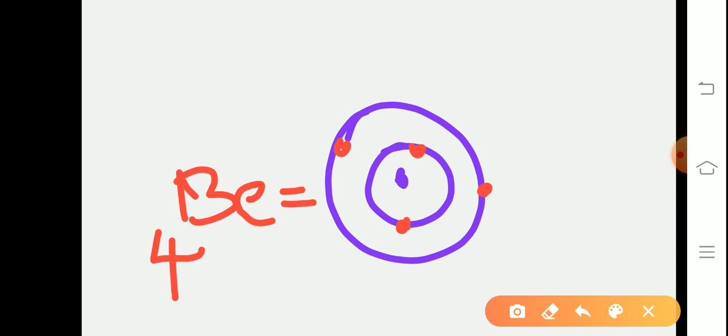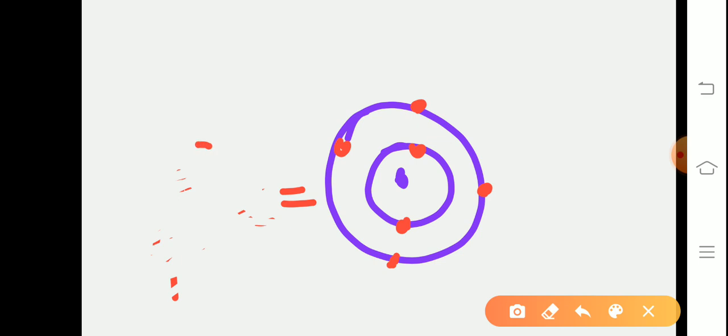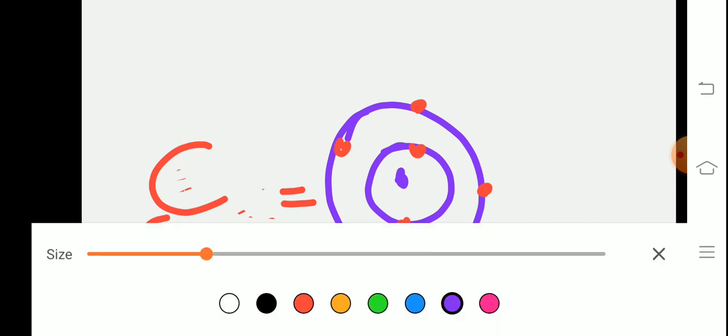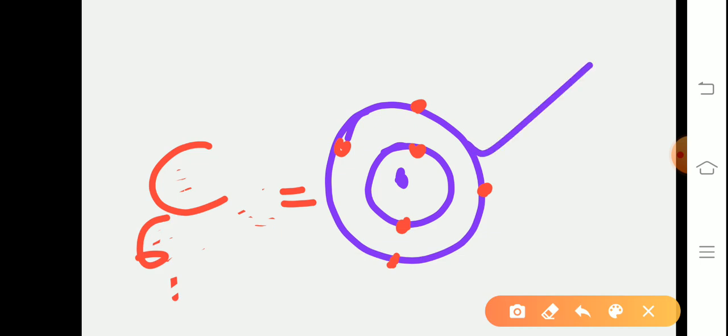Sorry, don't take 4 electrons in total, take 6 in total, which means carbon, right? This atom belongs to carbon because the outermost shell contains 4 electrons.